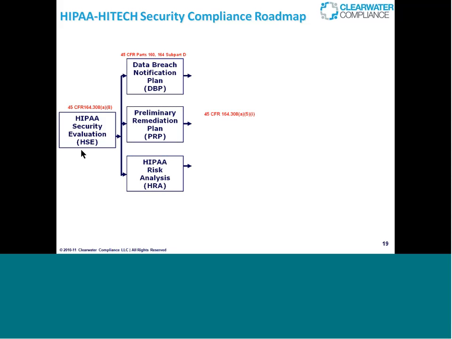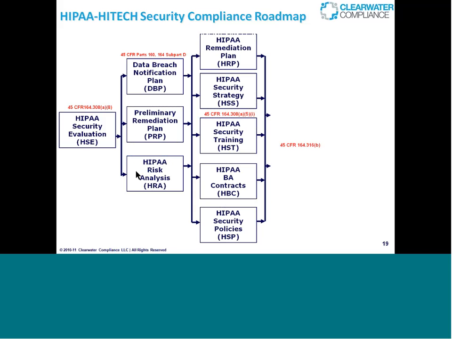In our work with clients, I see we're going to have some very interesting and funky animation here. Apologize for that. In any case, that work leads into work around data breach prep, preliminary remediation plan addressing low-hanging fruit, feeding into another requirement in the law to do a risk analysis.